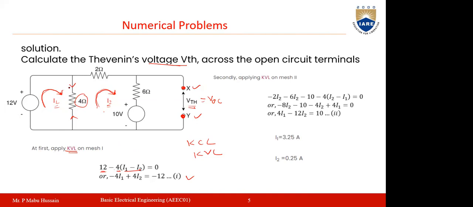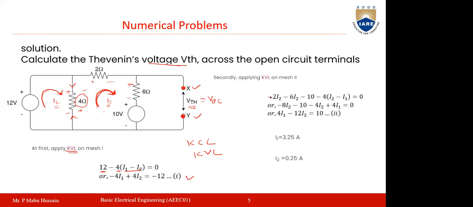You assume the polarities, plus and minus, for each resistance. Then you find the voltage across all the elements, take the sum, and equate it to 0. I think you already know how to apply KVL in a particular loop.